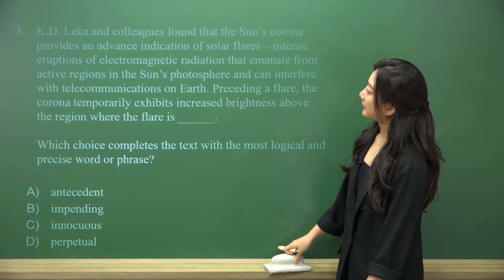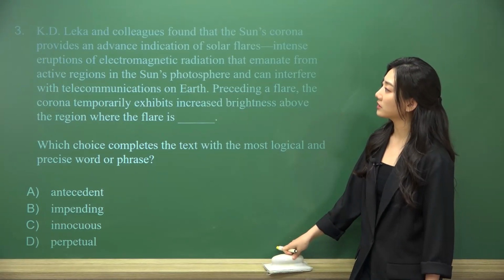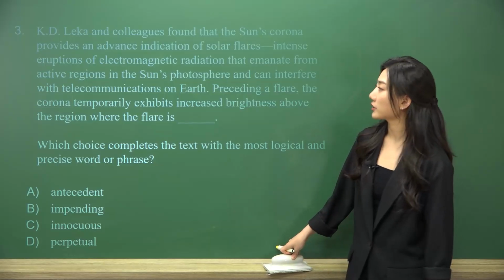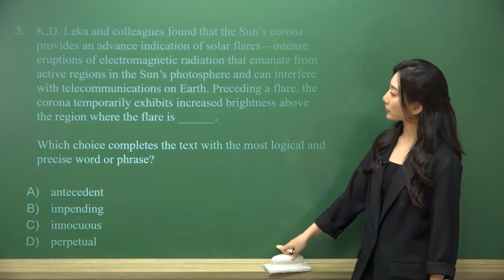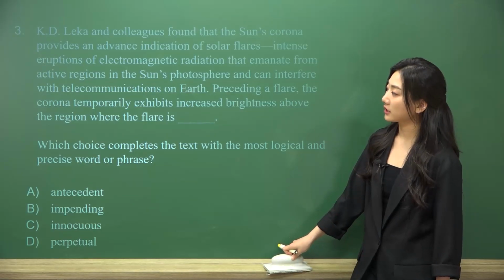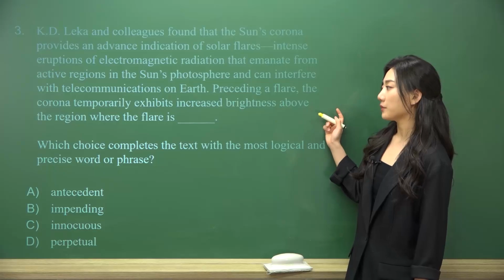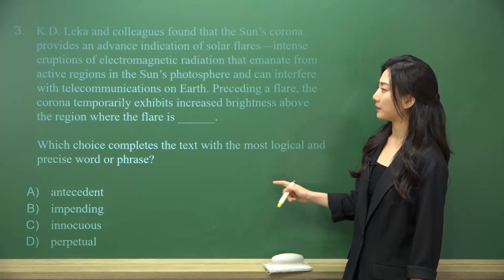KD and colleagues found that the sun's corona provides an advance indication of solar flares. Intense eruptions of electromagnetic radiation that emanate from active regions in the sun's photosphere and can interfere with telecommunications on Earth. Preceding a flare, the corona temporarily exhibits increased brightness above the region where the flare is blank.